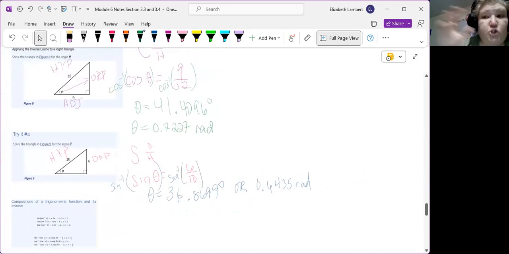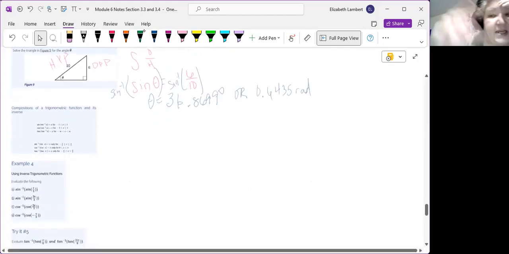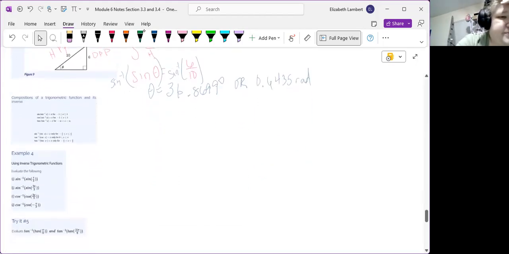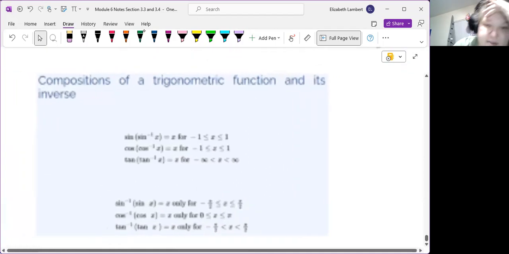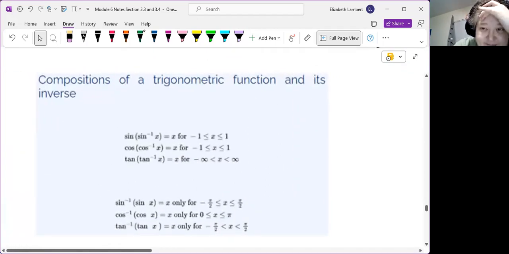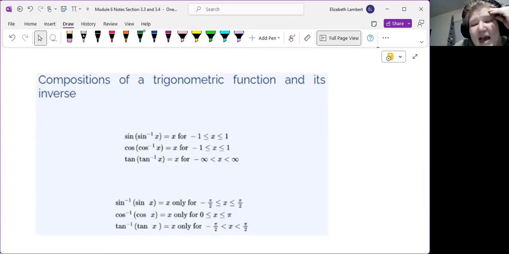So when you actually have to do something and you need the angle measure, this is where you go. What you do with the angle measure is up to you. What we're really going to be looking at is crap like this. So we can actually compose trig functions and inverse trig functions together, and they're not going to look all pretty like this where it would cancel out the way we were just using it.